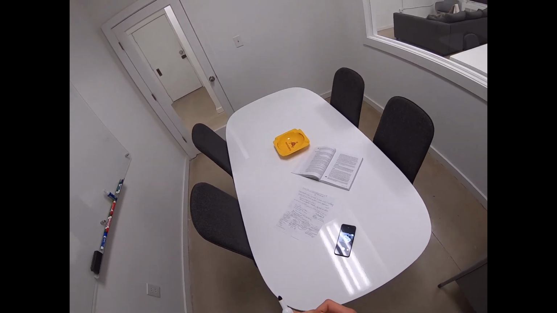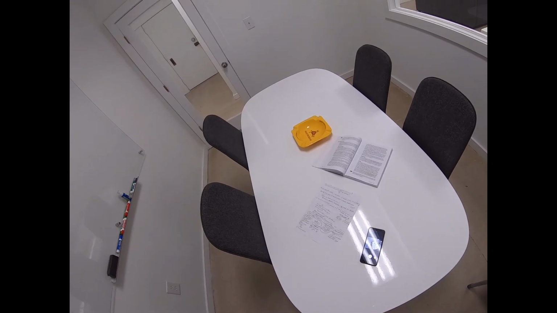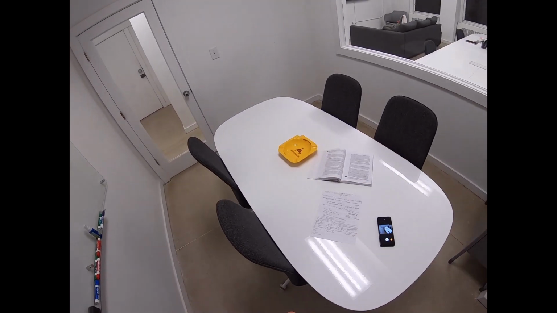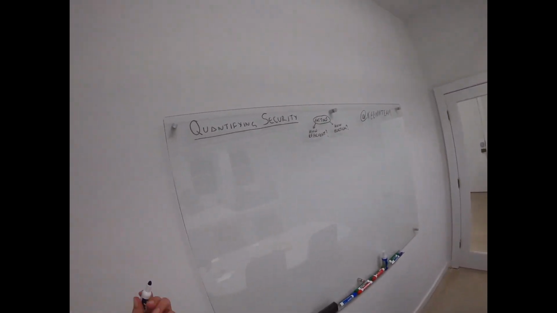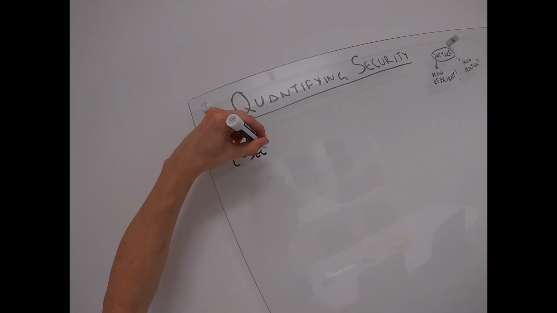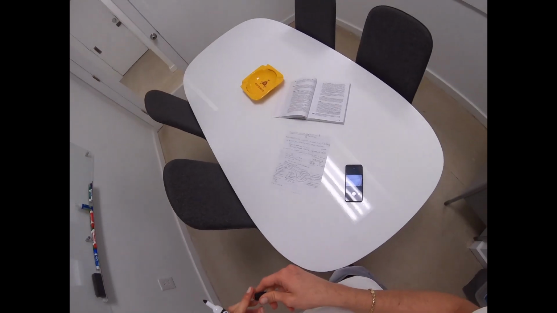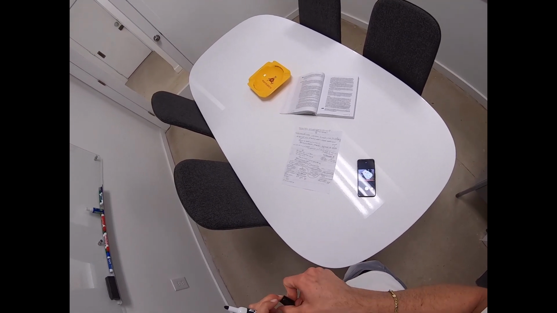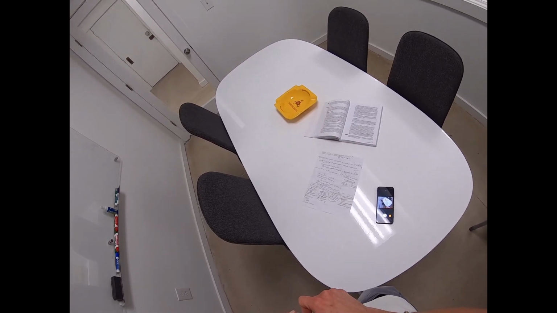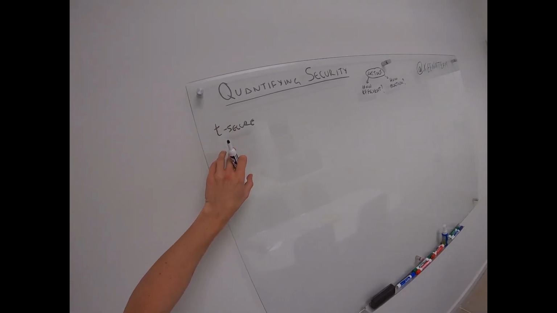We measure it in bits, okay? I don't know if you remember, we did define a notion of security before, which was T-secure, where T is the number of operations.